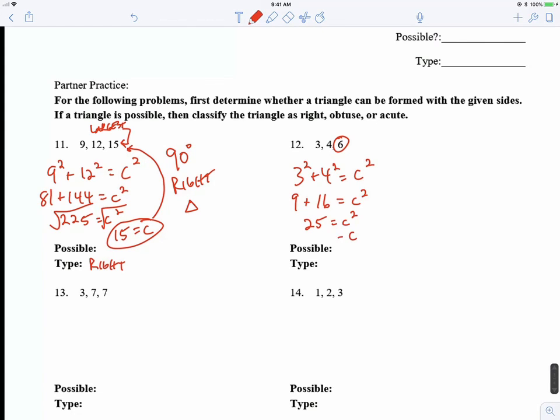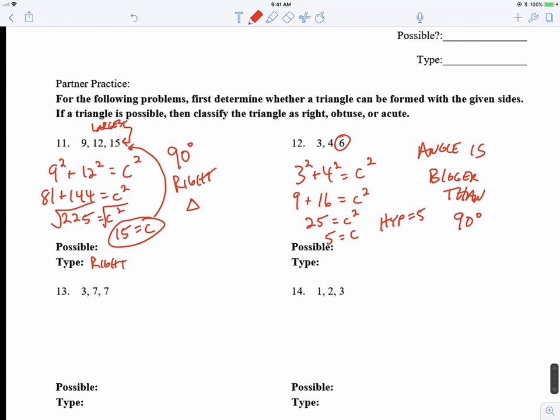I square root both sides, and my hypotenuse is 5. My largest side is 6. So if the largest side is bigger than my hypotenuse, that means the angle is bigger than 90, which makes this an obtuse triangle.